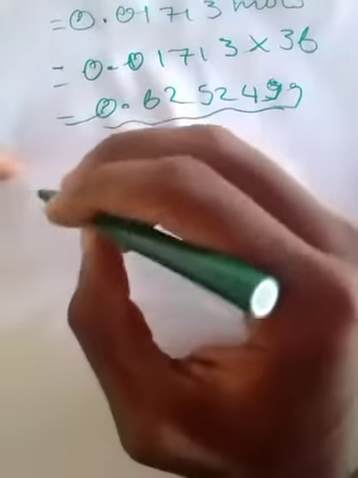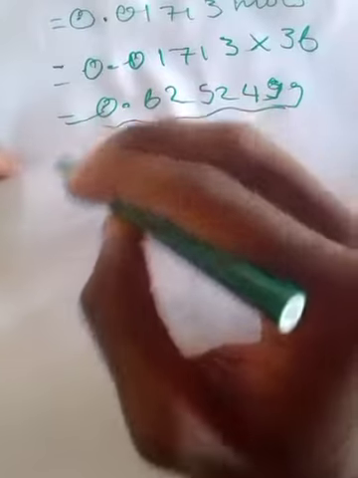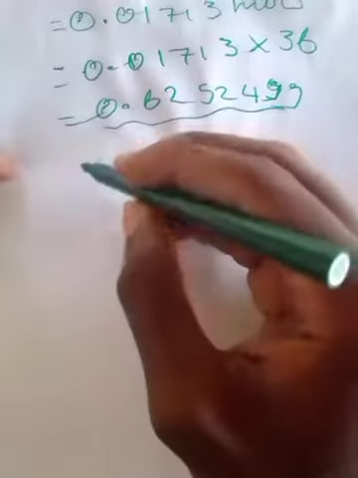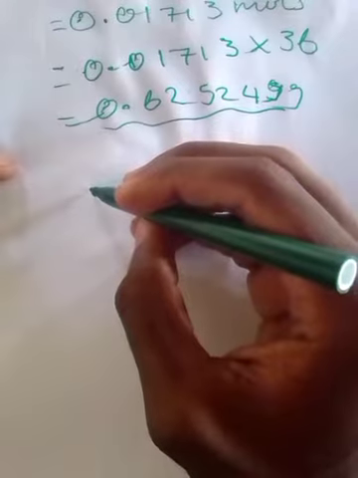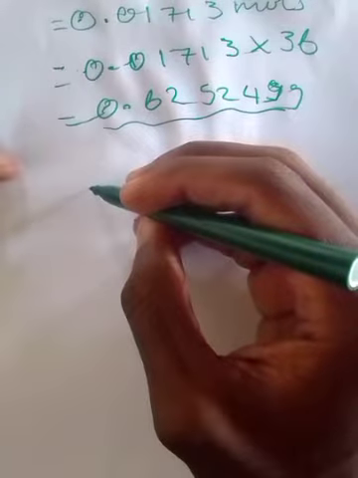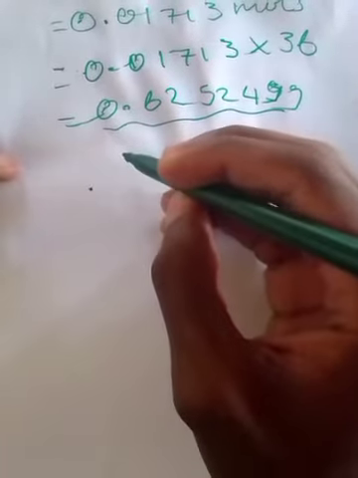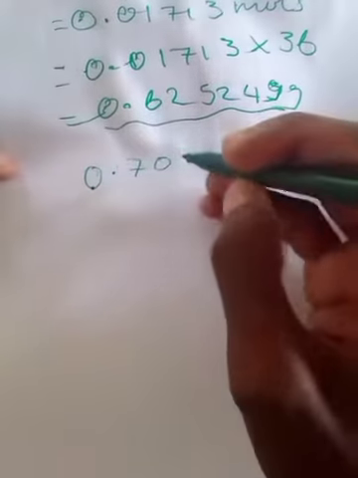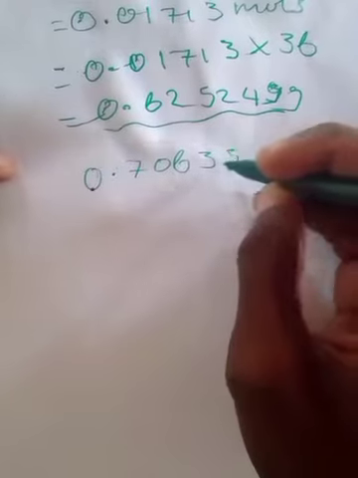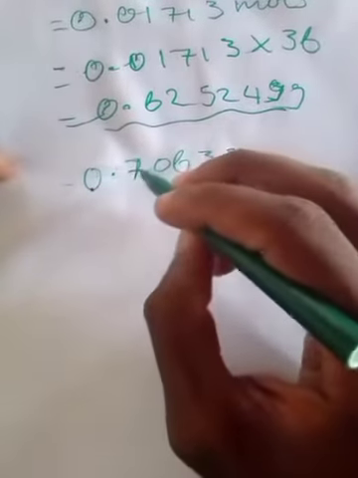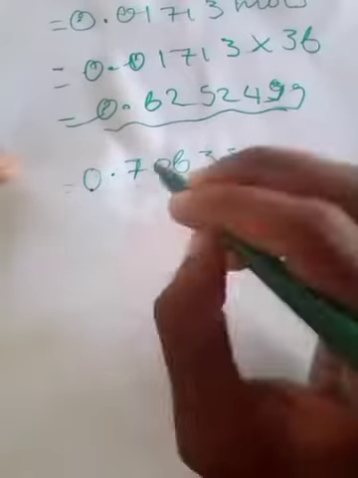And then, since we're looking for the mass that remained, that was in excess, you are going to get the initial mass. Remember the mass that we found when we were given the density and the volume? Do you remember that mass? That mass was 0.70635. So this was the mass that hydrochloric acid initially had.